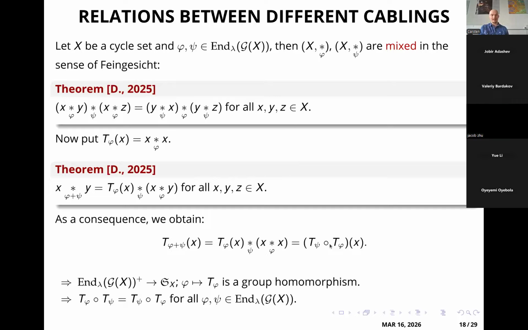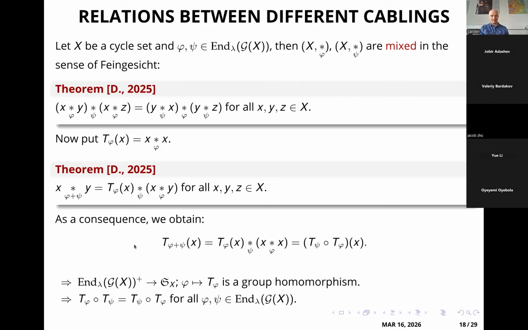And if you iterate this, you obtain the result of Lebed, Vendramin, and Ramírez, that the diagonal of the K cabling is simply the kth power of the original diagonal. And this generalizes this result.